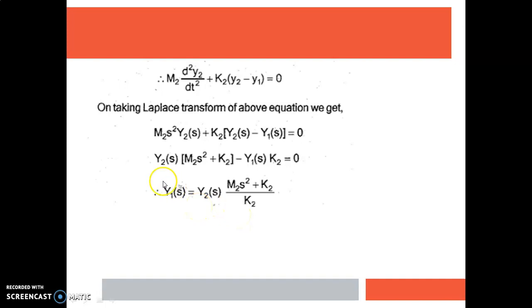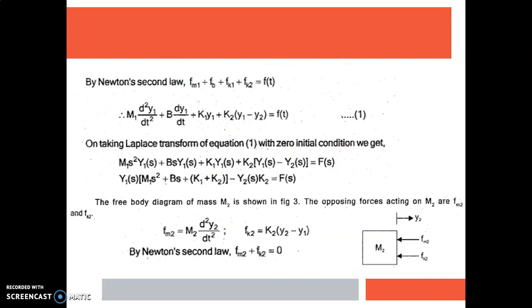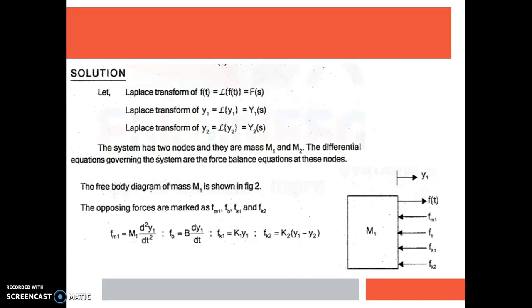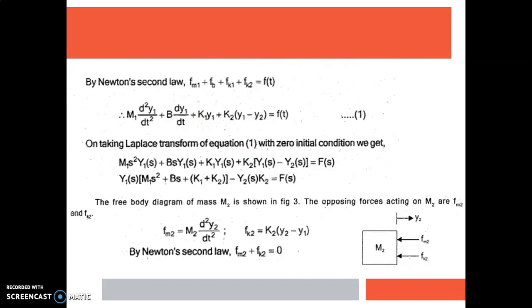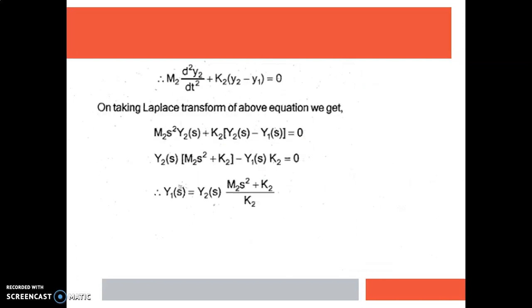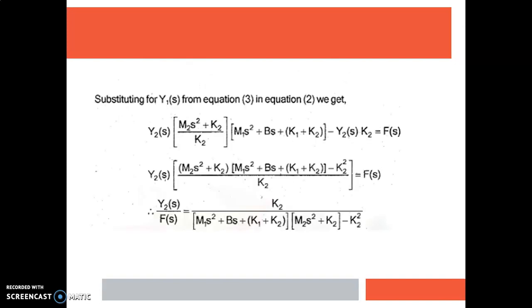So now you got an expression for y1 of s. What will we do now?